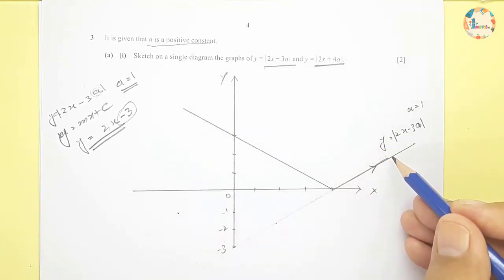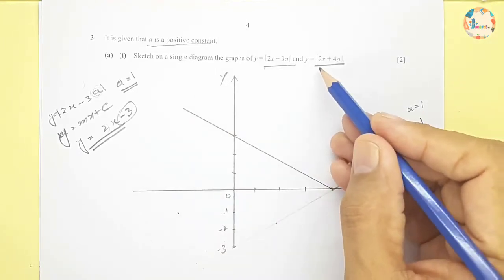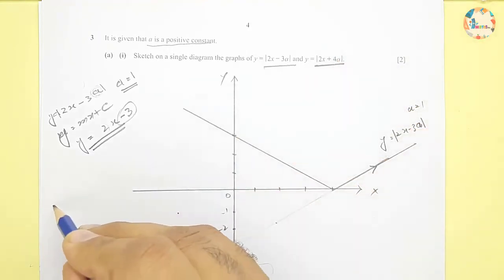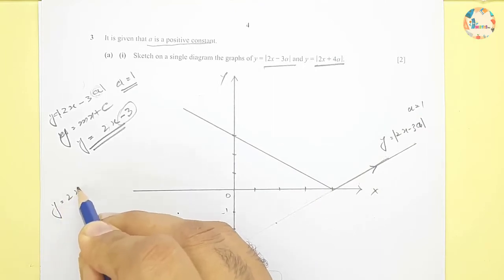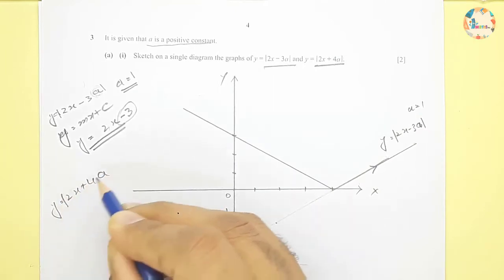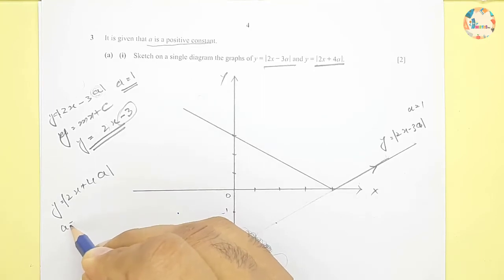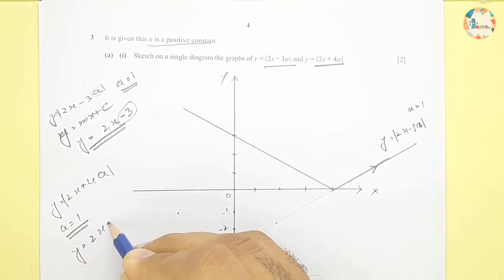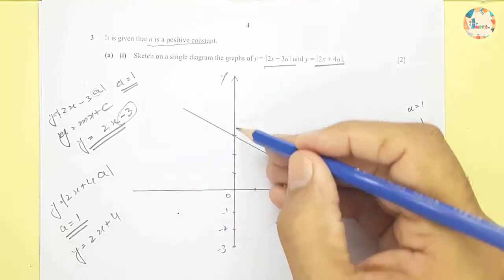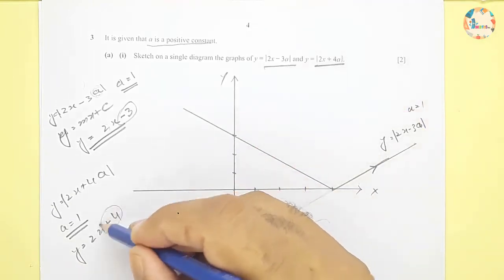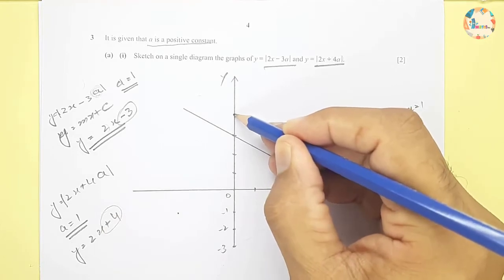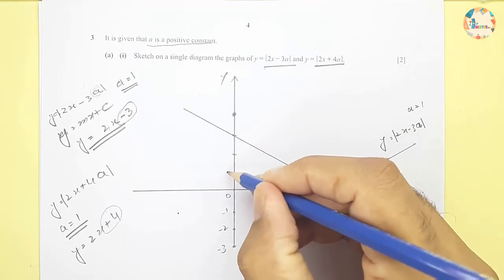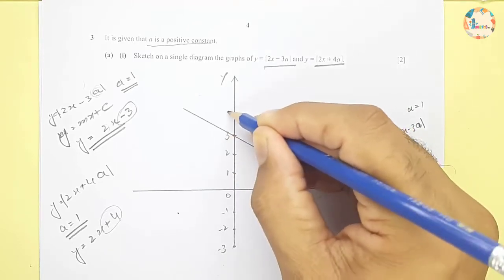Now we will sketch the other given equation, y equals mod x plus 4a. Again, taking a equal to 1, our equation becomes y equals x plus 4. So the y-intercept is plus 4, and this will be passing through this point. We are taking this one as 4, so 1, 2, 3 and 4.